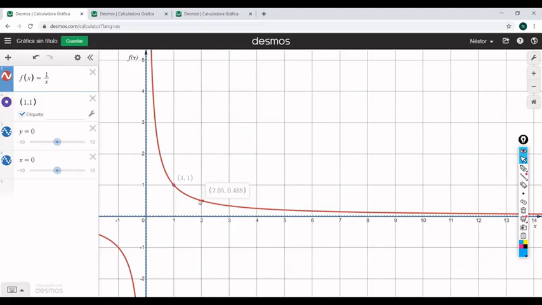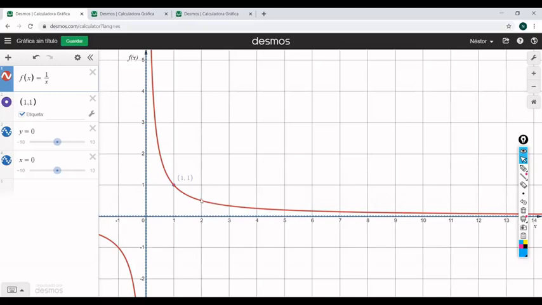And as I move my x, or my independent variable, towards infinity, right now it's 3, and the value of the function is 0.3. Now x is 4, the value of the function is 0.25. Now x is 5, the value of the function is 0.2, etc. Okay, I'm moving x towards infinity.